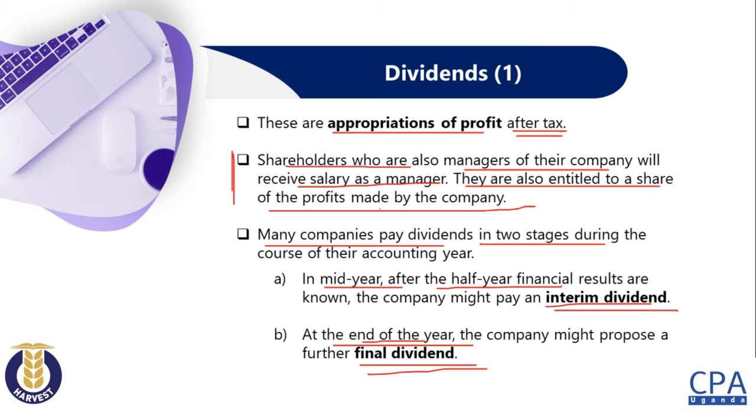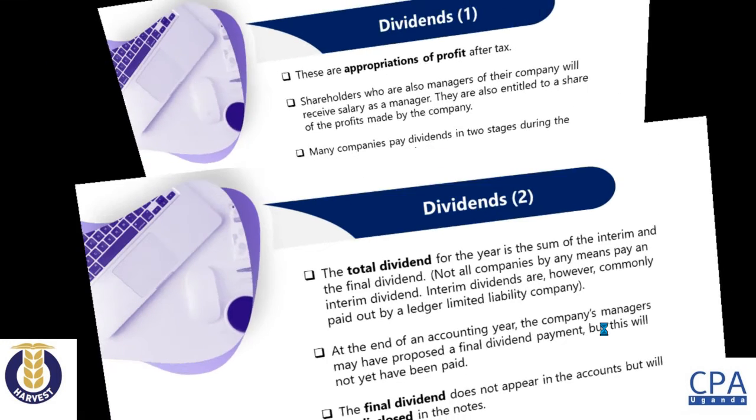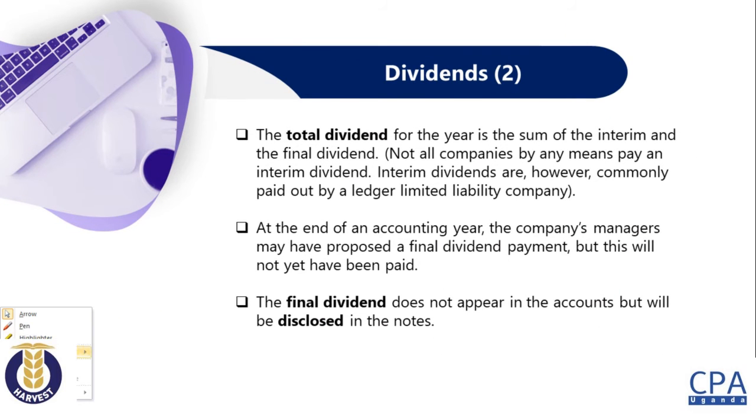In most cases, the final dividend is proposed. Again, we continue by saying on the following slide that the total dividend, therefore, is a sum of the interim dividend paid mid-year and the final dividend that is paid at the end of the year. However, not all companies by any means pay an interim dividend.